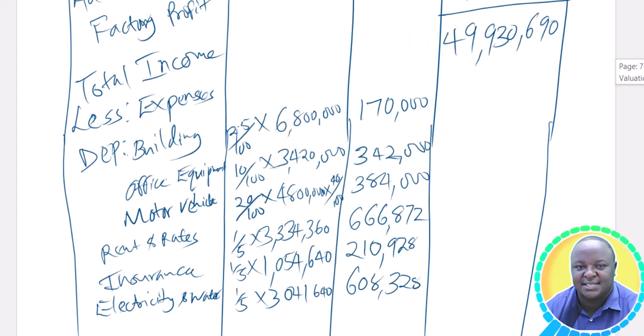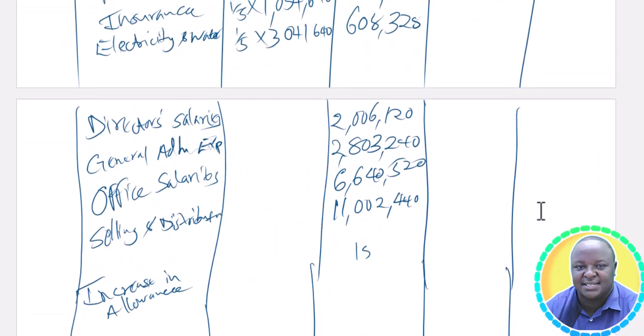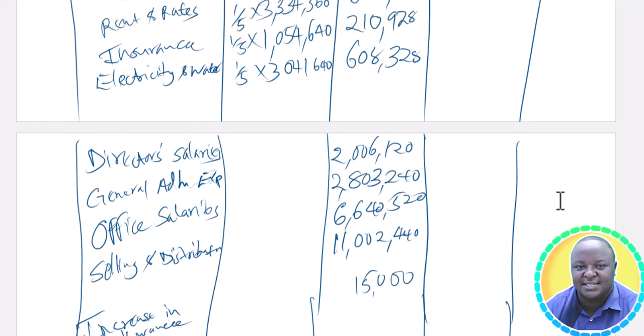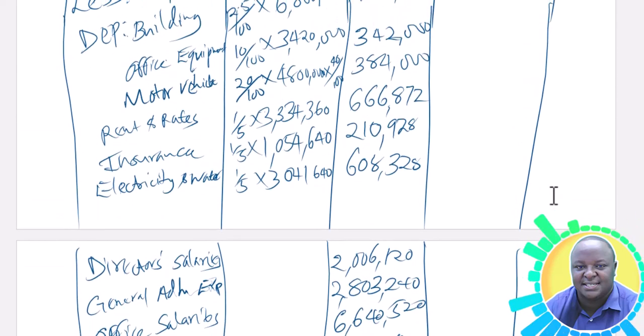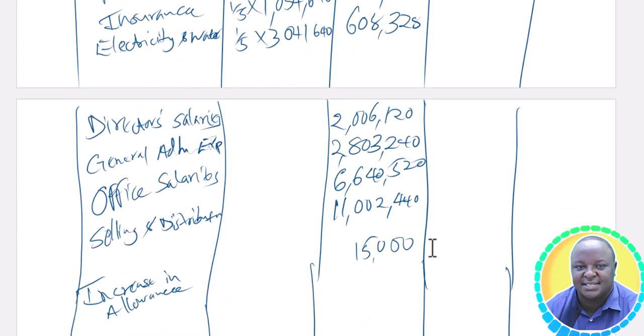So that becomes another expense at that point. So we have 15,000. If you add all these expenses, they are going to come to 24,849,448.